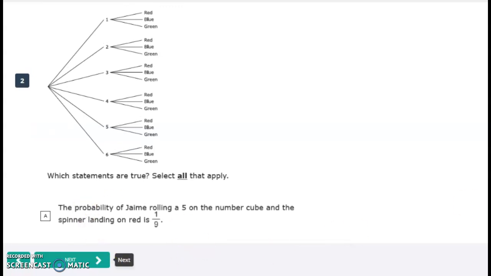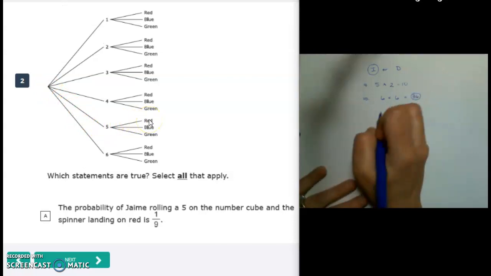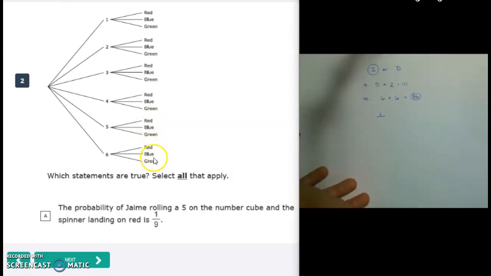So the first statement says that the probability of Jamie rolling a 5 and the spinner landing on red is 1/9. Well, if we look at where the cube lands on 5 and there's a red, that is in one location out of how many different options.